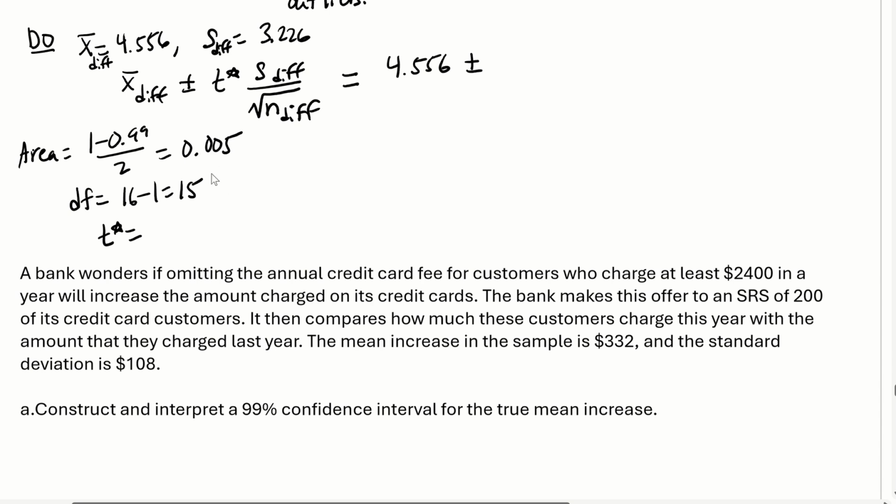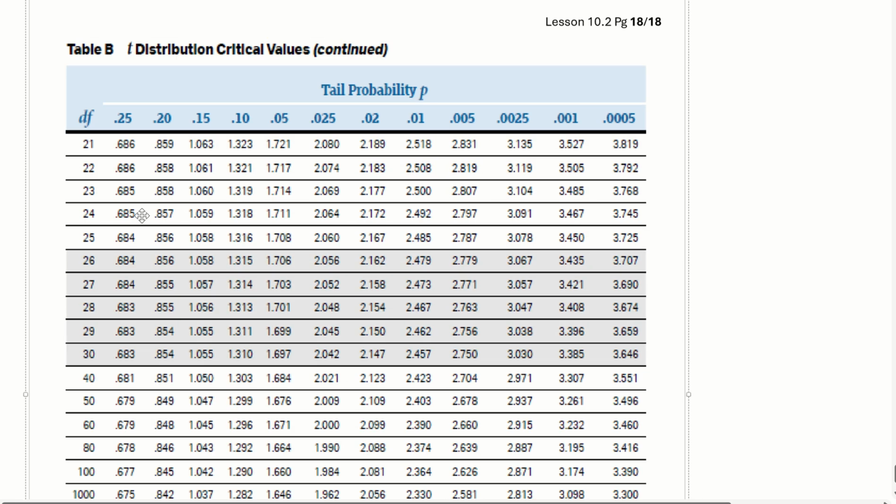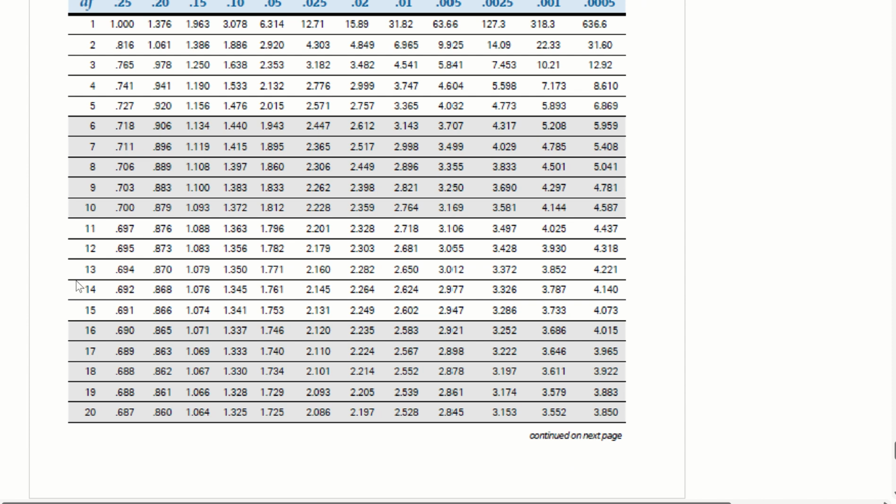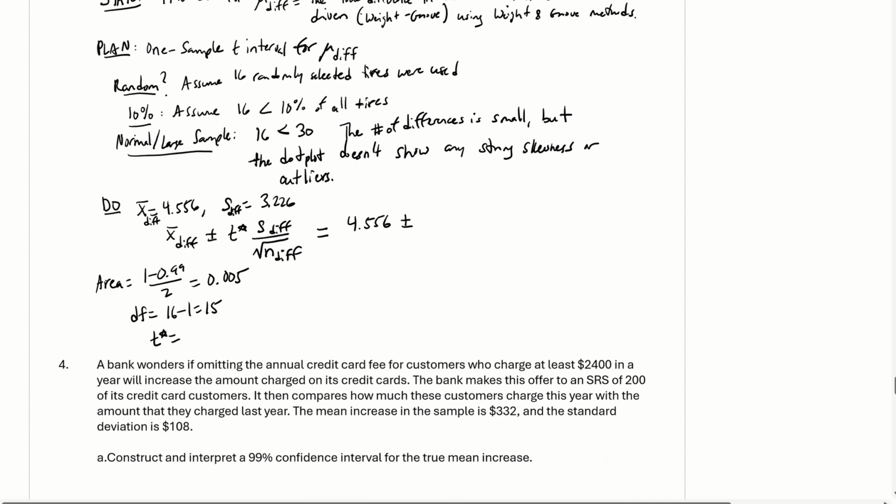I'm going to look it up on the table. 15 and then 0.005 is right here. So it looks like 2.947, okay? 2.947.